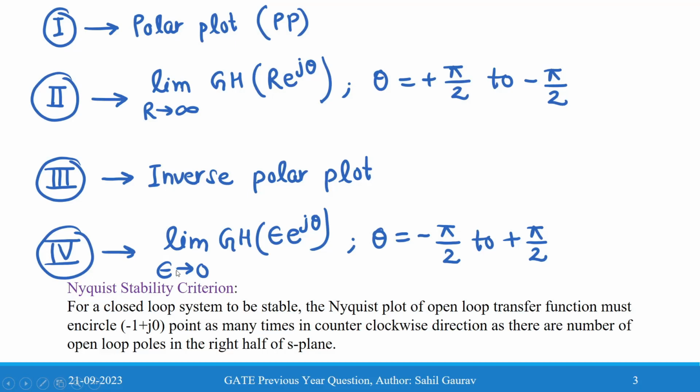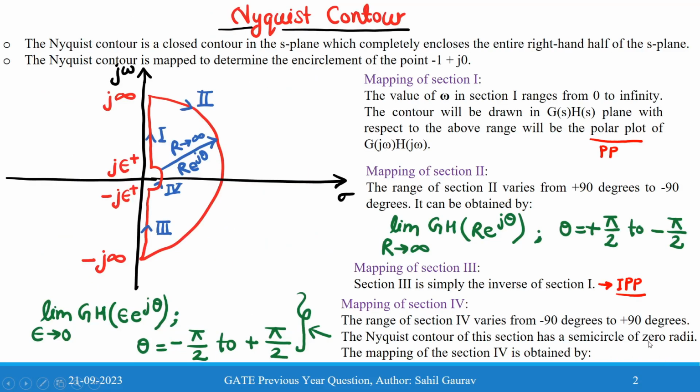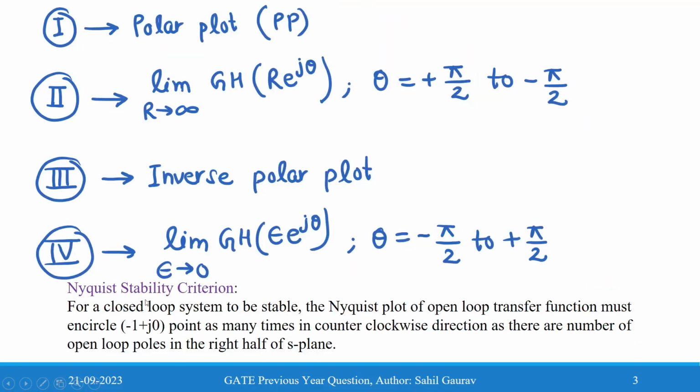But in section 2 we take the limit r tends to infinity, while in section 4 we take the limit epsilon tends to 0, because section 2 is an infinite semicircle while section 4 is a very small semicircle of zero radius.